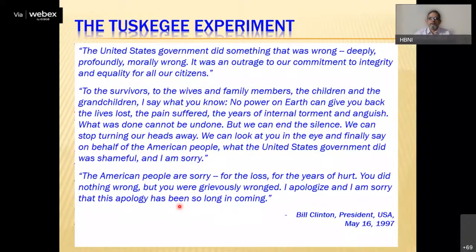We can look at you in the eye and finally say, on behalf of the American people, what the United States government did was shameful, and I'm sorry. So the American people are sorry for the loss, for the years of hurt. You did nothing wrong, but you were grievously wronged. I apologize, and I'm sorry that this apology has been so long in coming. Bill Clinton, President of the United States, May 16, 1997.